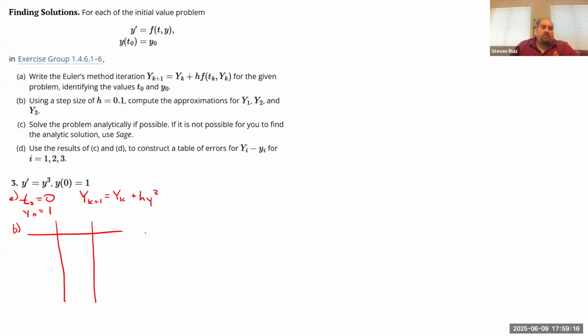For the value k, we're starting with k0. I'm going to go k's 1, 2, and 3. And I'm going to find t. I'm going to find y. I know when k is equal to 0, I'm starting at t equals 0, y equals 1.